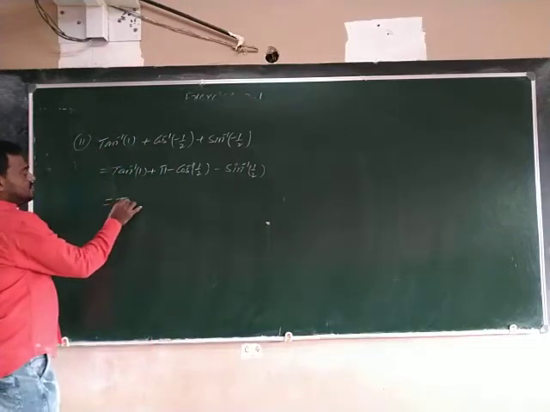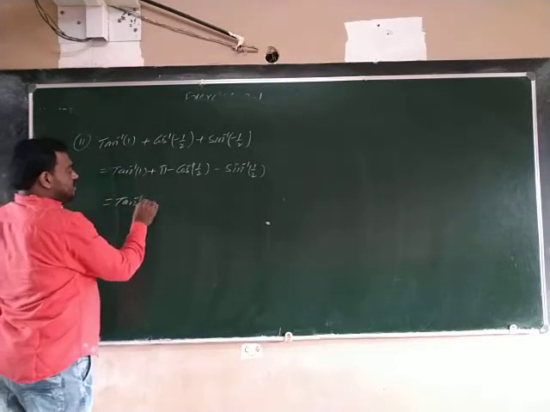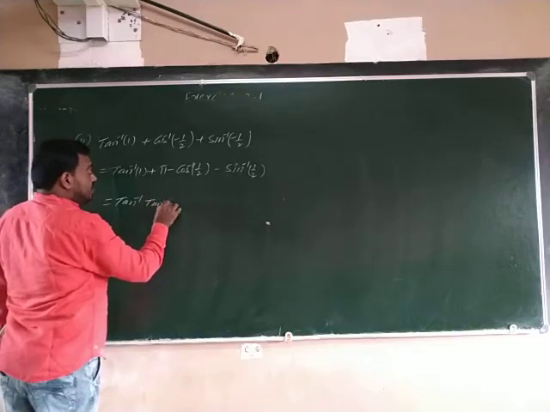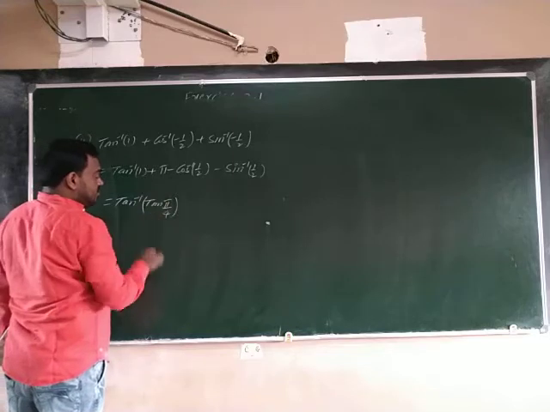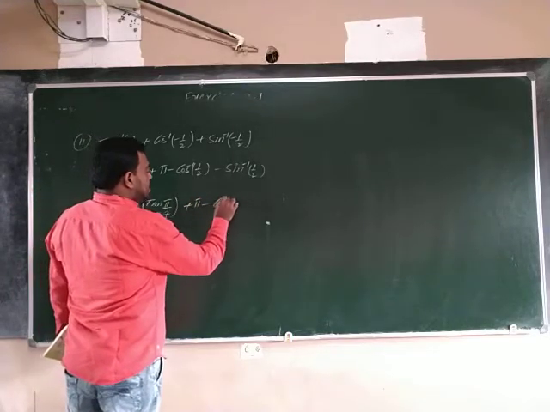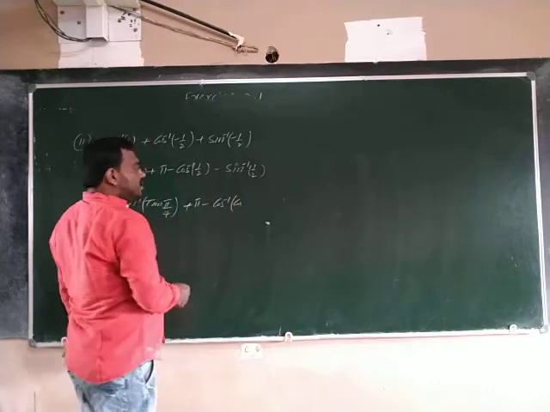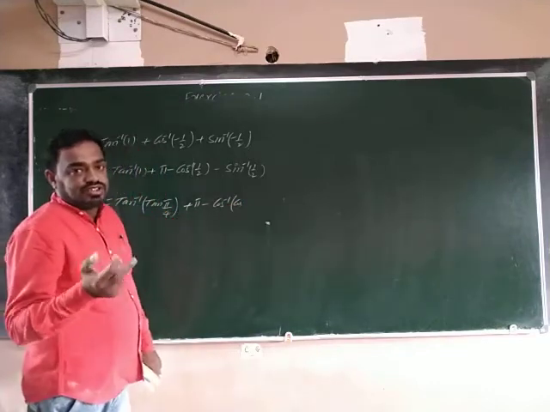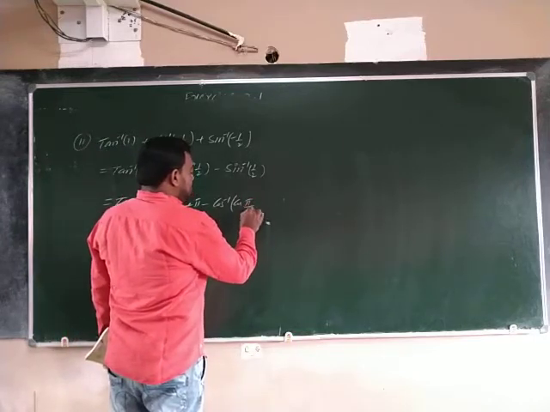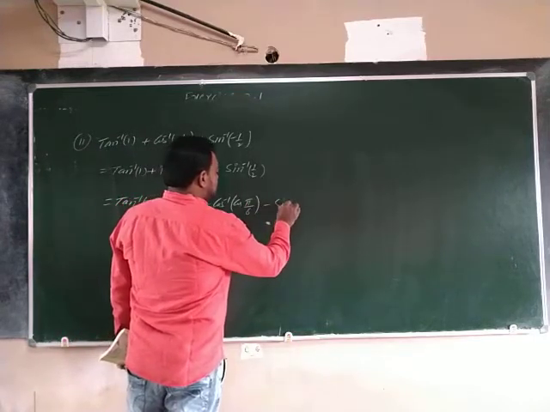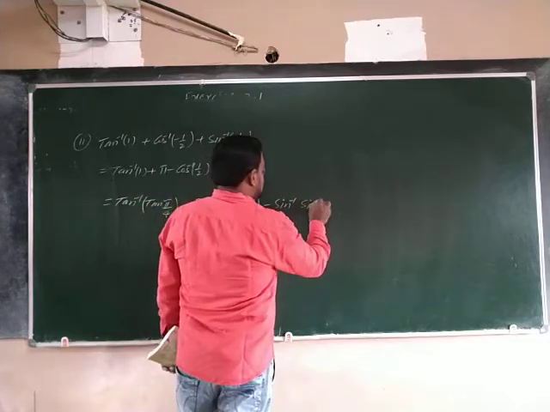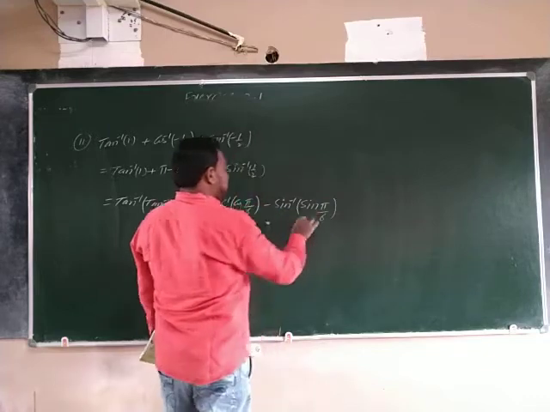Now this is equal to tan inverse of 1, which is tan 90 degrees, sorry, tan 45 degrees. Tan pi by 4 plus pi as it is minus cos inverse of cos 1 by 2. 1 by 2 is cos 30 degrees, 60 degrees, that is pi by 6, minus sin inverse of 1 by 2, which is sin 30 degrees, sin pi by 6.